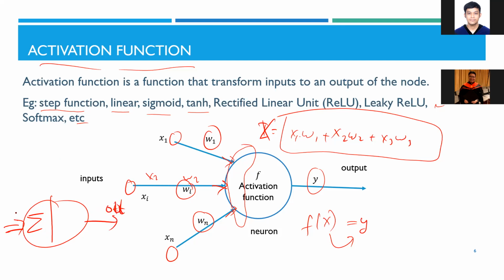So how do we transform from input to output? We have to use the activation function. In our example, the activation function we use is sigmoid.